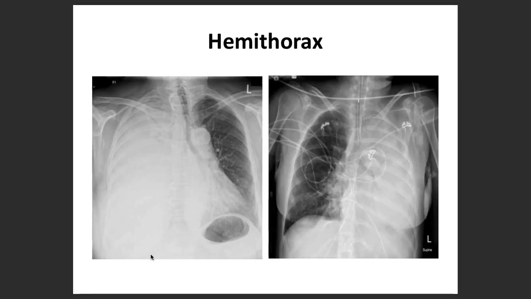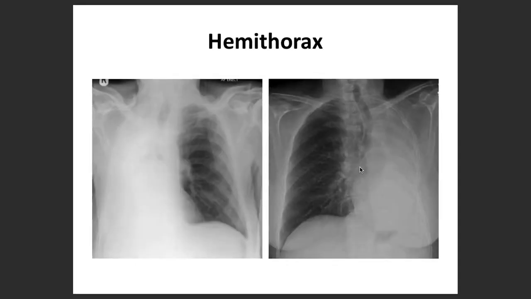However, it is going to be pulled towards the opacified side. For example, if you look over here in the last X-ray, if there is a lung collapse, a pneumonectomy, pulmonary hypoplasia, or pulmonary agenesis, then you will see the mediastinum towards the opacified side.